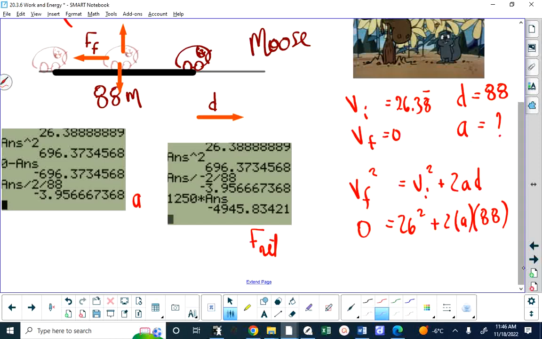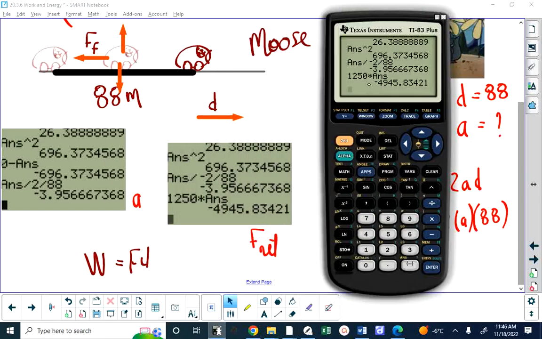So now I can go work equals applied force times distance. So I'm going to multiply that applied force by the displacement of 88. And that's my answer. What does the negative mean? It means that the work was done to remove energy from the car.